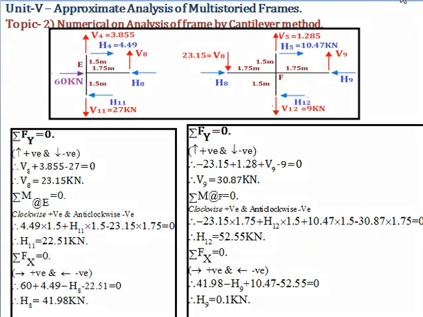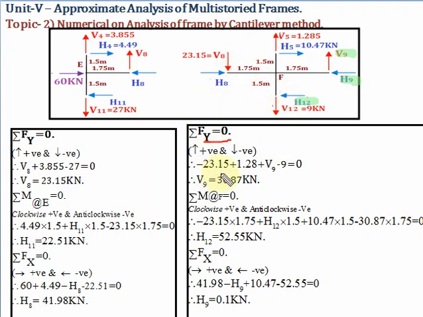Now here which forces are known to us? V8 is known, H8 is known, that is 41.98, V5 is known, H5 is known, and V12 is known. So the forces that are not known to us are V9, H9 and H12. Now considering the free body diagram, summation Fy equal to 0, upward positive, downward negative.